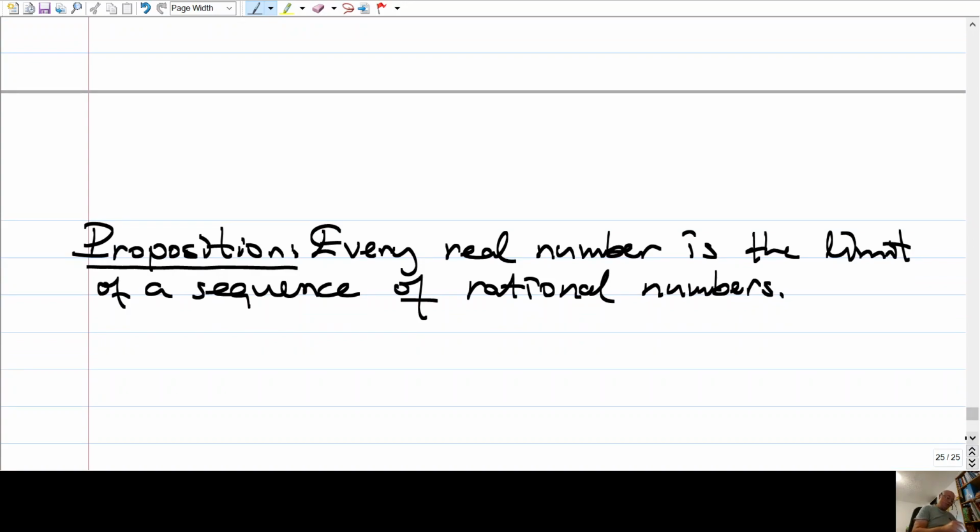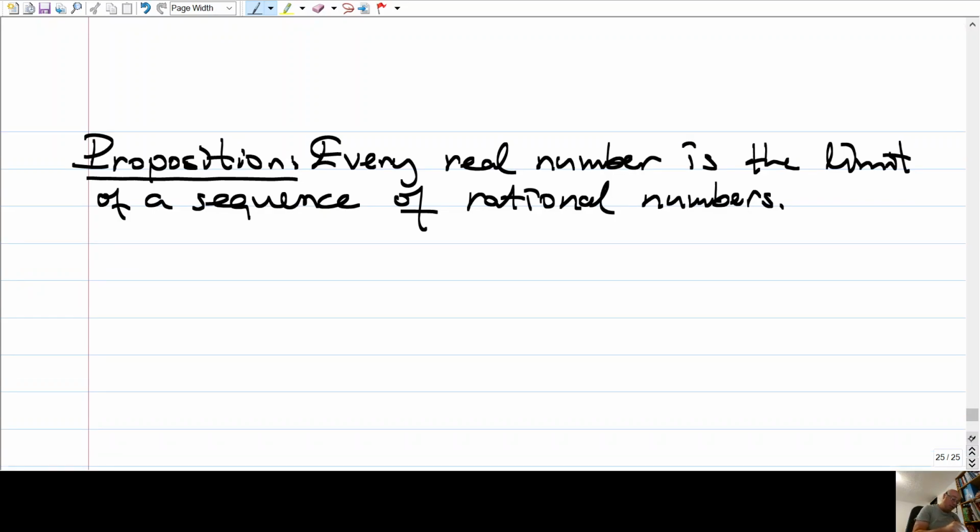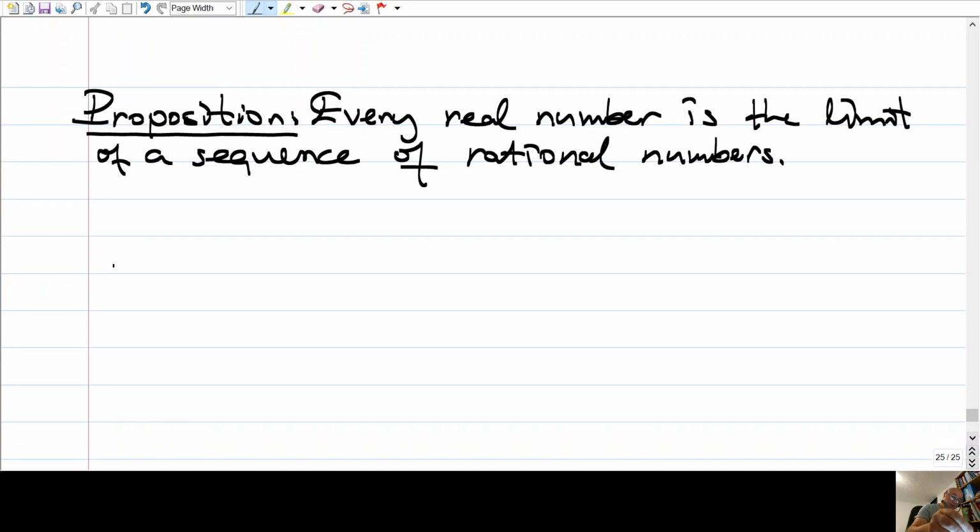Well, this is actually an obvious fact, right? Every real number is the limit of a sequence consisting of rational numbers. Why is that? Well, it is because of the following. First let me give an example.